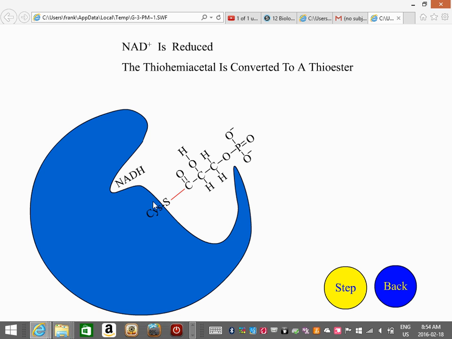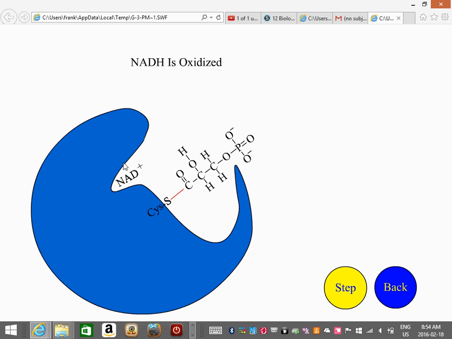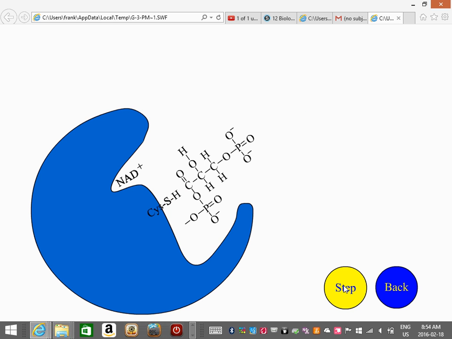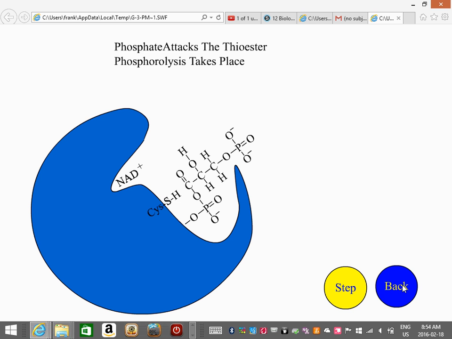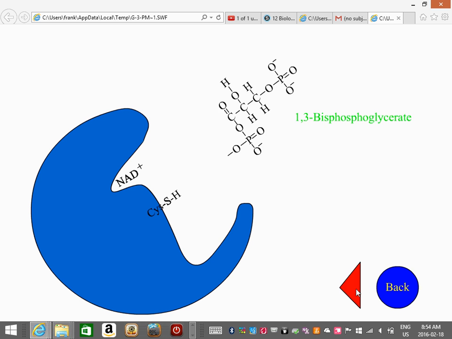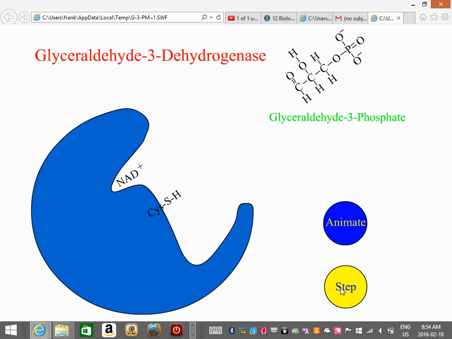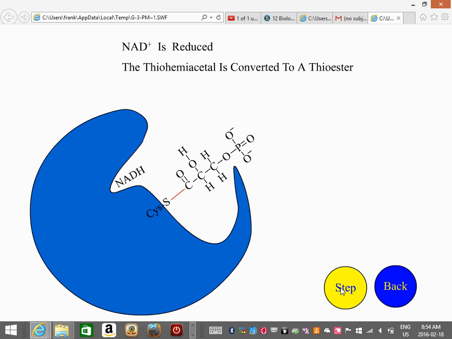So this molecule, this is the oxidized version. Oop, I went back. Sorry. What happened here? Okay. This is the reduced version. So if this molecule is being reduced, what's going on with this molecule then?